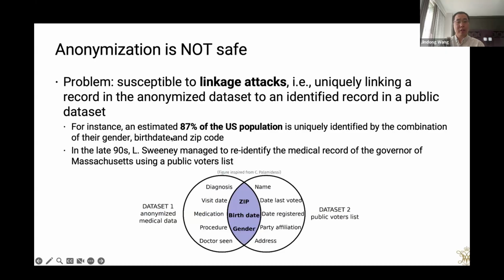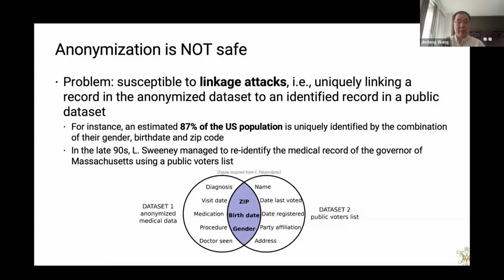A census estimation says that 87% of the US population is uniquely identified by the combination of gender, birth date, and zip code. So 87% is basically all of the US population. Everybody is accurately locatable through zip code, birth date, and gender. As long as somebody has these three pieces of information together, they can locate you, they can know who you are.